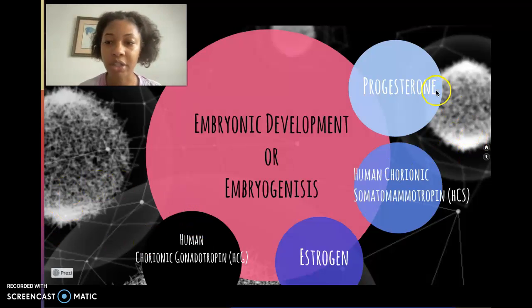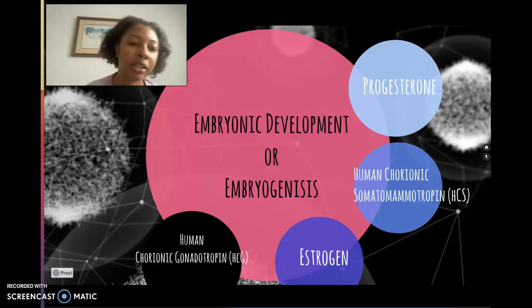So the roles of progesterone and estrogen continue in the development of the fetus. And so they are going to be produced continuously during pregnancy. First by the corpus luteum, as mentioned earlier, and then HCG, as mentioned, will help the corpus luteum to produce these hormones. And then the placenta will take over with this production.